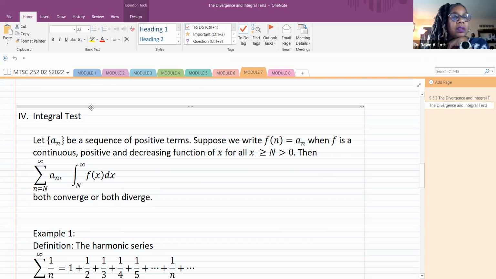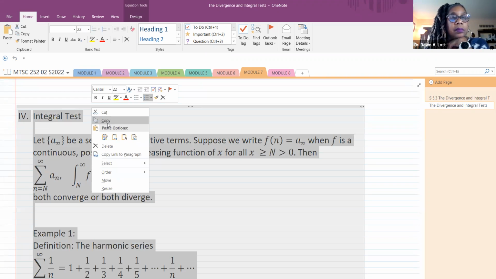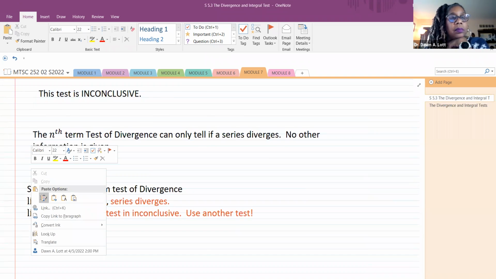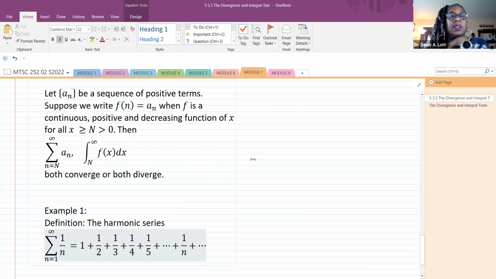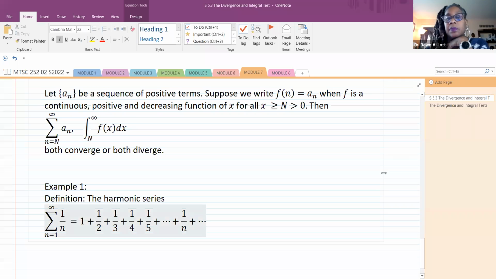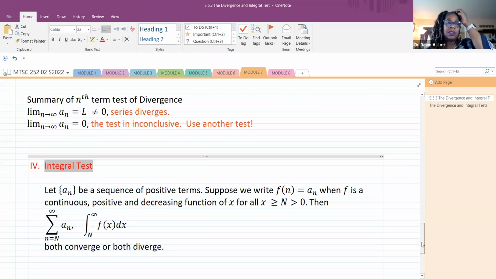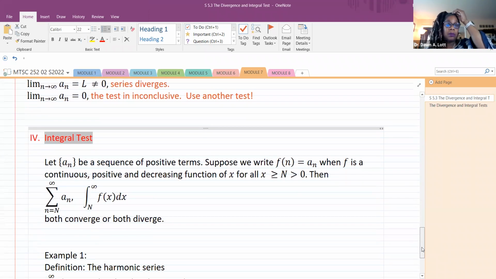Here's the next test. Okay, so the next test is the integral test. All right, so I'll give you a moment to copy this down because this is a little meaty.